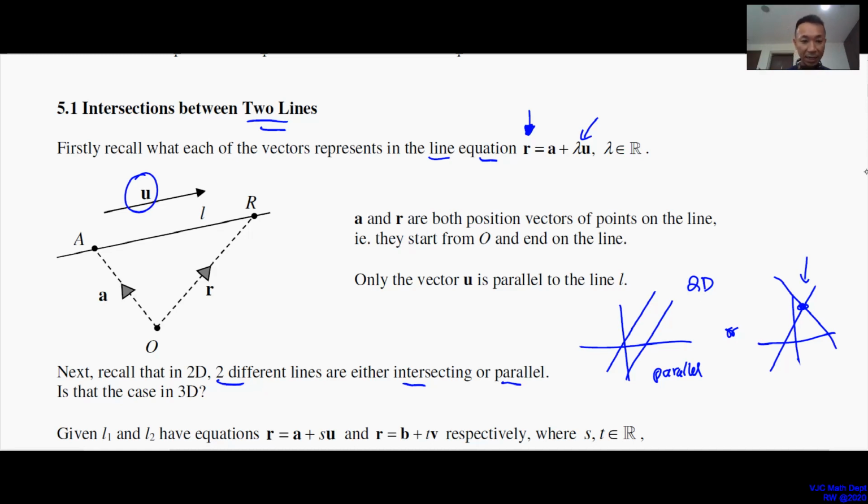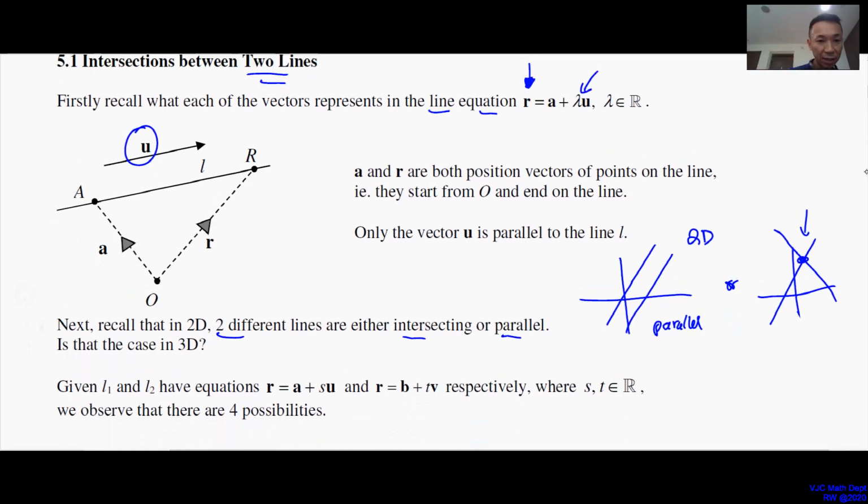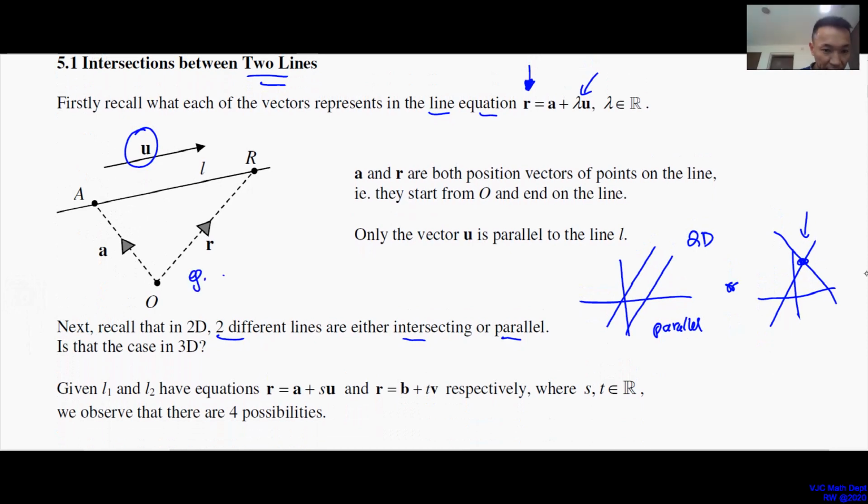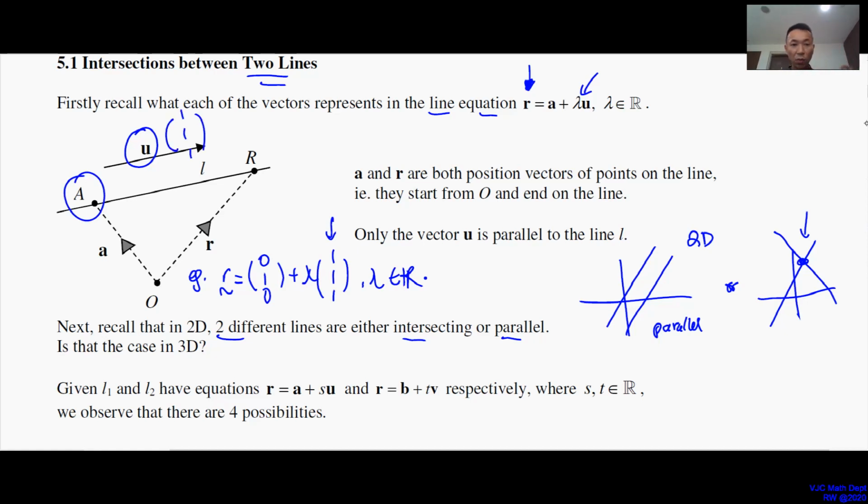I think it's easier if we look at an example. Let's say r equals (0, 1, 0) plus lambda (1, 1, 1). We always write lambda belonging to the reals. This just means that (0, 1, 0) is the position vector of a point A, and this vector (1, 1, 1) is the direction vector. So this (1, 1, 1) is parallel to the line.